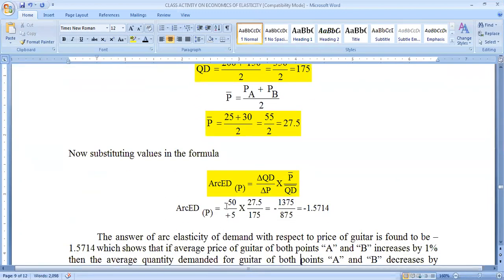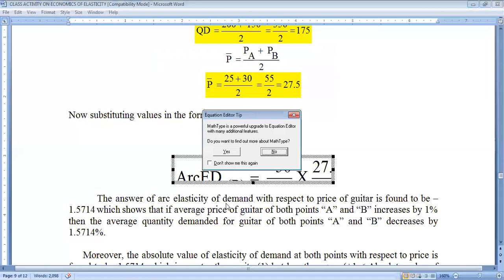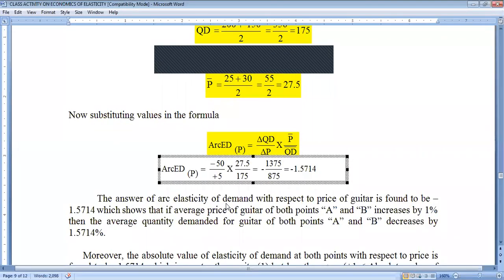In place of delta QD we have replaced its value, which is minus 50. In place of delta P we have replaced its value, which is plus 5. Multiply by average price we have obtained, it is 27.5, and average quantity demanded, it is 175.